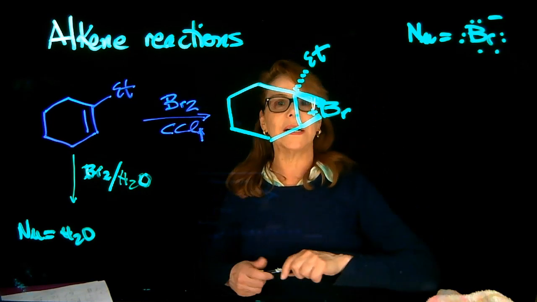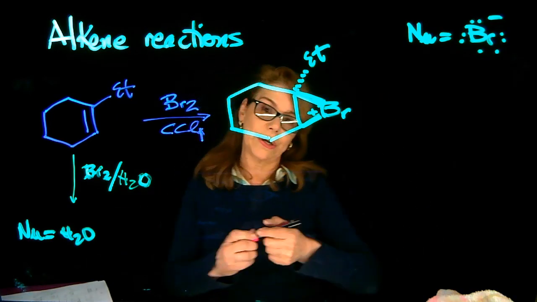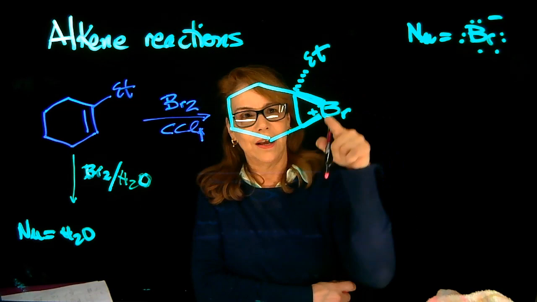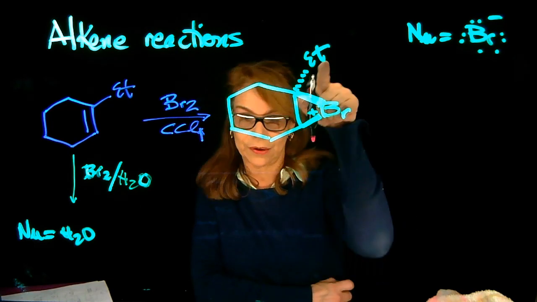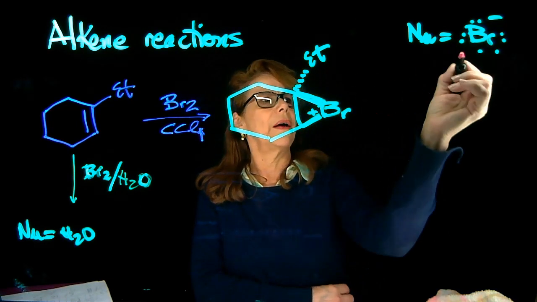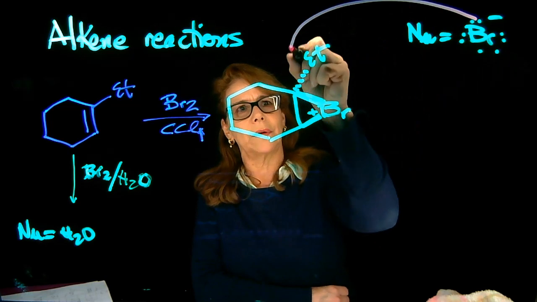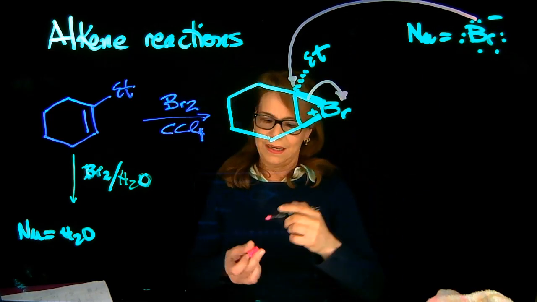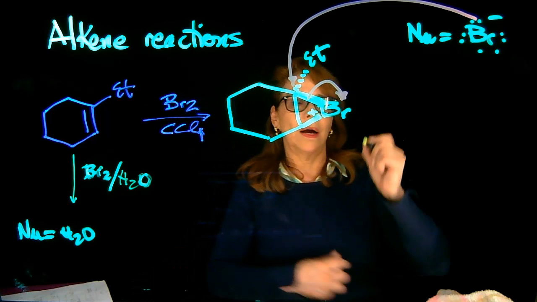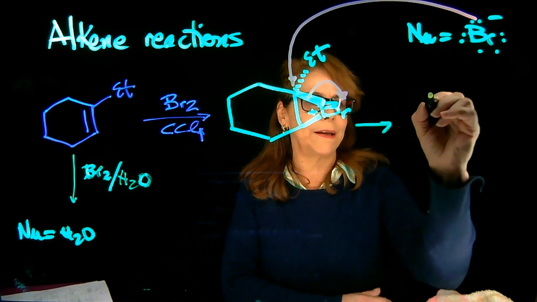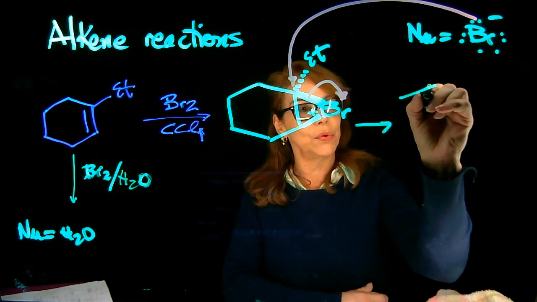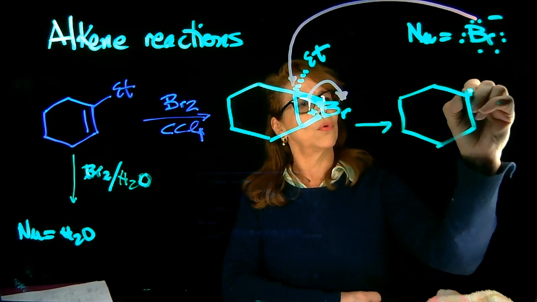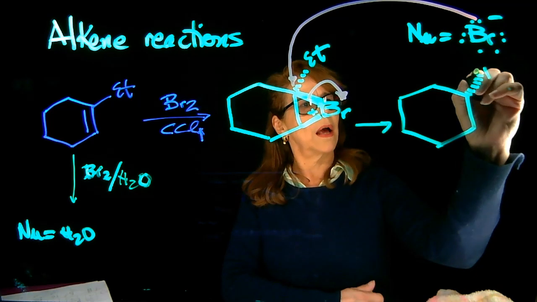So for the reaction above, what we need to remember is that the attack will happen at the more substituted carbon, which is this. Here we have a hydrogen, here we have an ethyl. So you will have the attack by bromide here, and then this will open up. Important to remember, the two bromine atoms will end up on different sides, so it is anti.